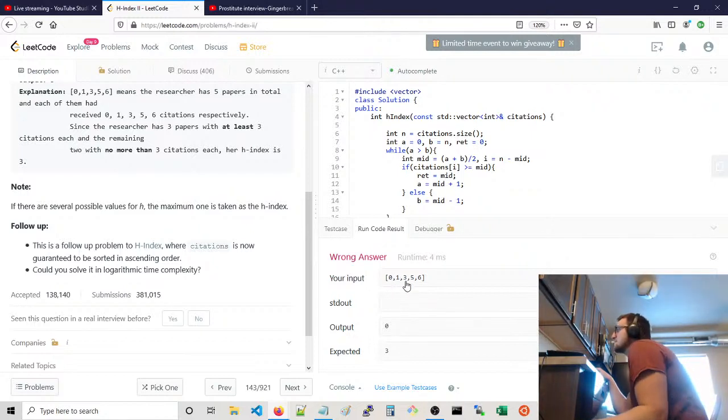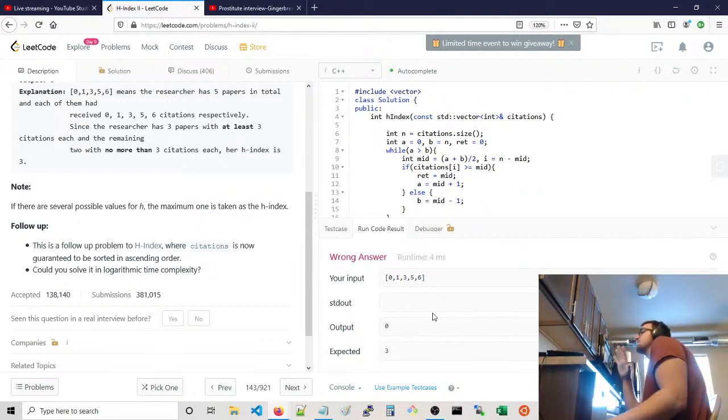Okay, so 1, 2, 3, 4, 5. We have 5 values. We say, okay, 5 values. 5 divided by 2 is the third.